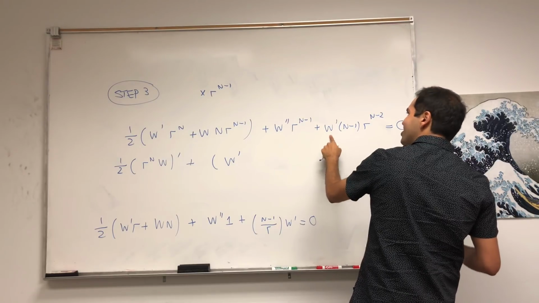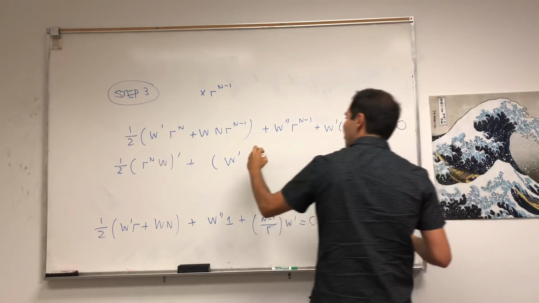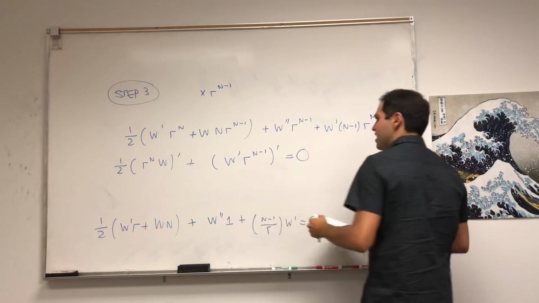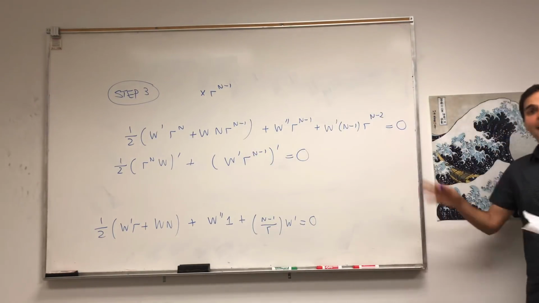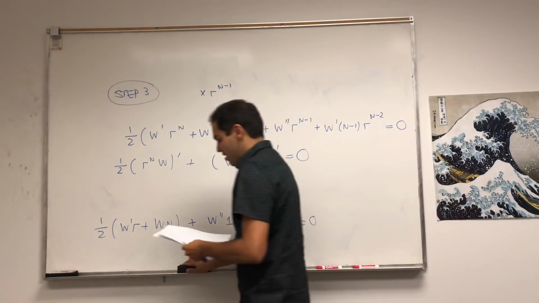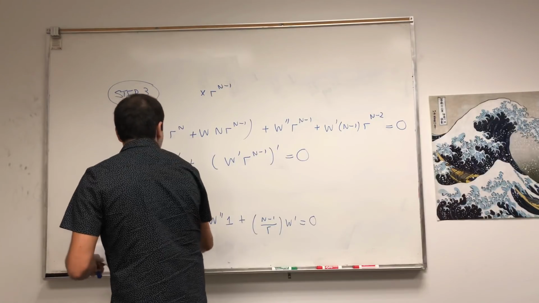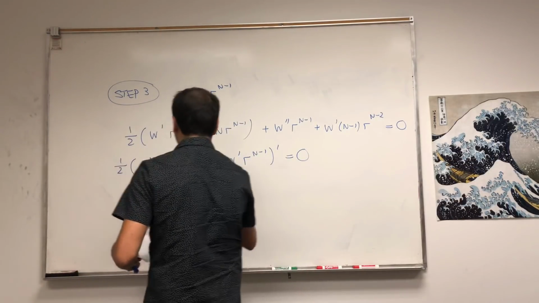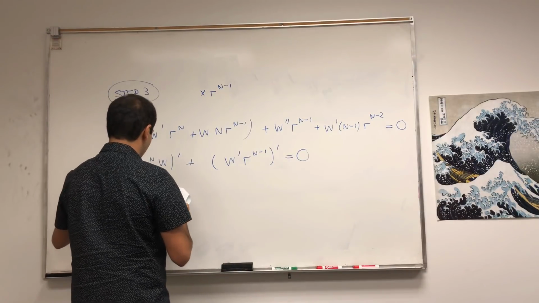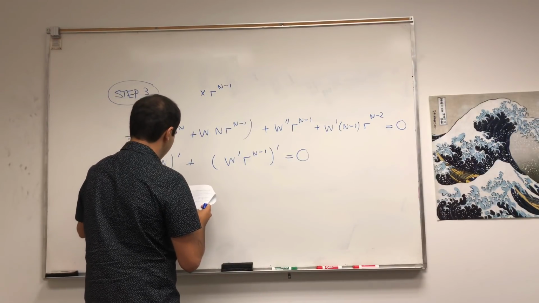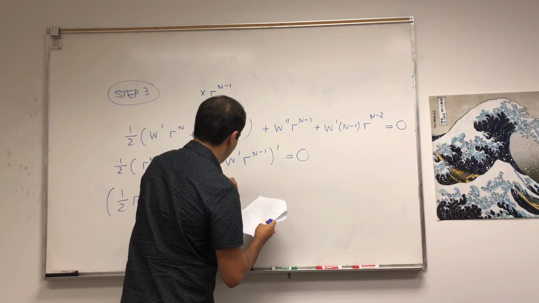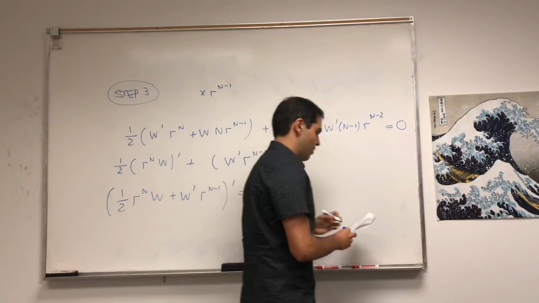Then you don't differentiate W prime, and you differentiate R to the n minus 1. So we have this equals to 0. And notice there are a bunch of miracles happening, really. In fact, we get this prime plus this prime, so we're left with 1/2 R to the n W plus W prime R to the n minus 1, prime, equals to 0.